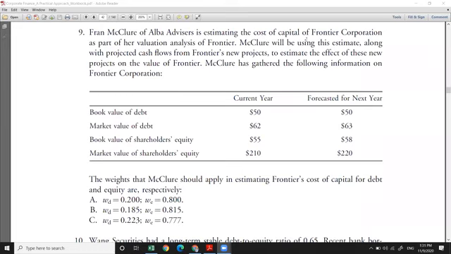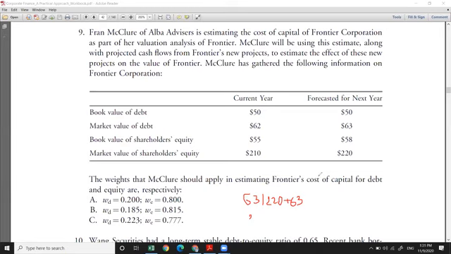Here the numbers that you're going to get: the proportion of debt is debt over debt plus equity, which is 63 divided by 220 plus 63, and we're using 200, the other one.